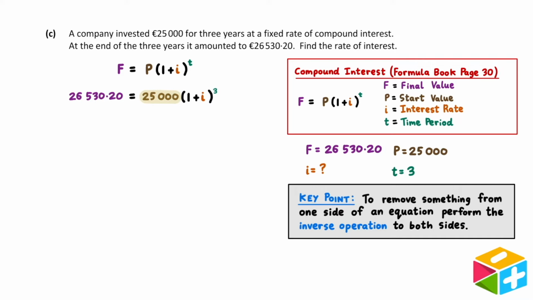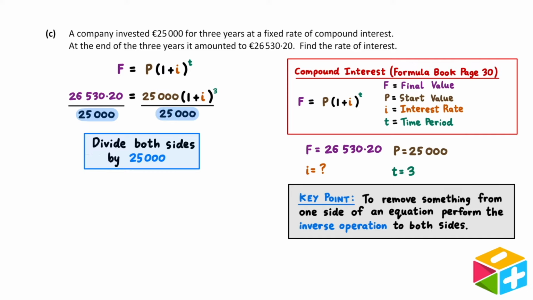To begin, we'll remove the 25,000. This 25,000 is being multiplied by the (1 plus I) to the 3. The inverse of multiplication is division, so we'll divide both sides by 25,000.